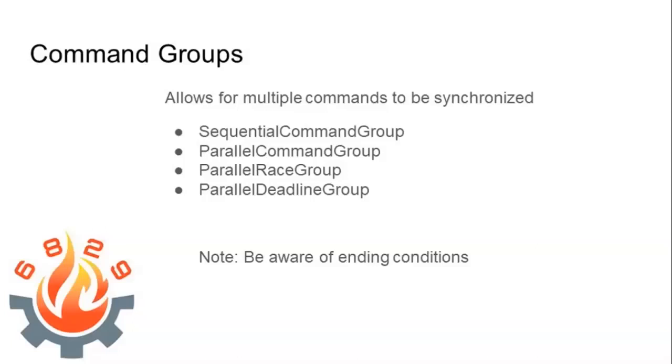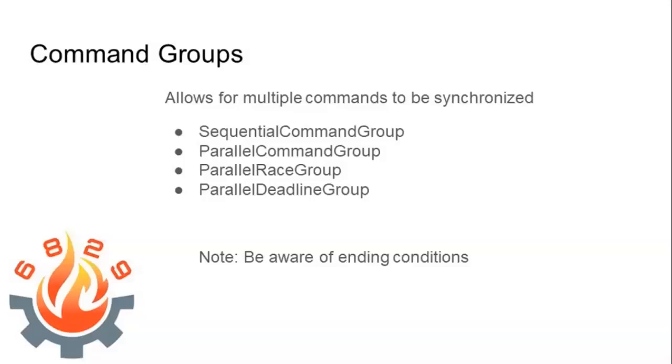So let's go back to the elevator example. I want to maybe raise the elevator. I may do 3 or 4 things while I'm driving forward, right? But when I get ready to put the game piece on the target, I have to have gone 5 feet. I've got a distance sensor, so I can measure how close I am to the target, or I'm not using encoders.